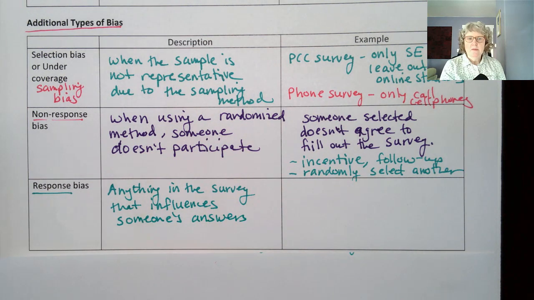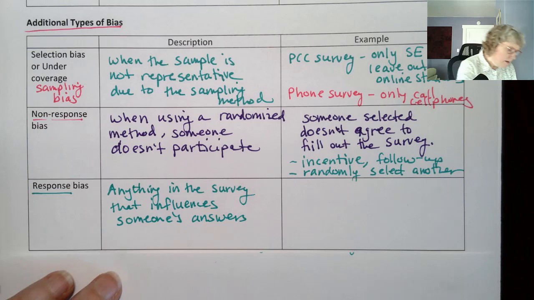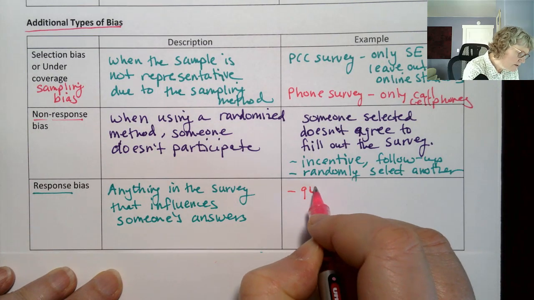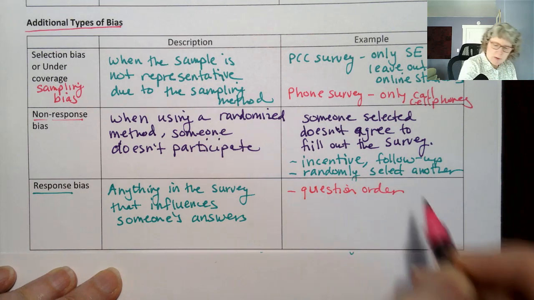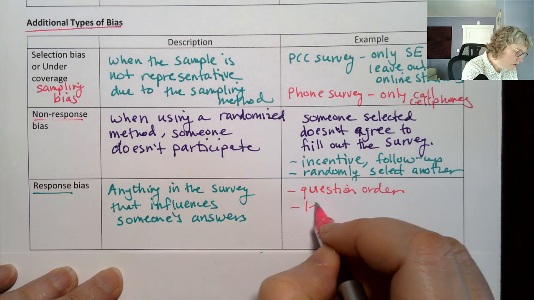Okay. There have been studies on this. Things that can affect people's response are like question order that can affect people's answers. Could be a leading question.